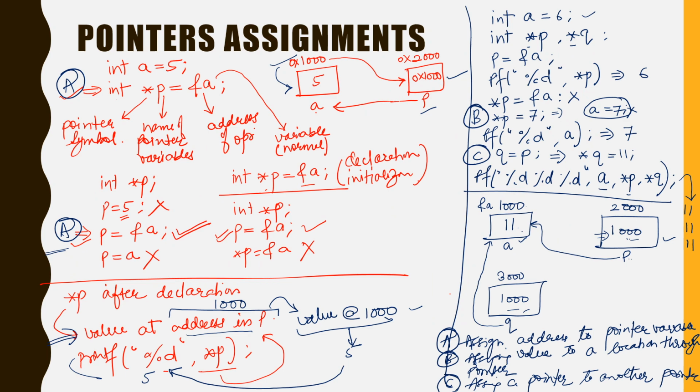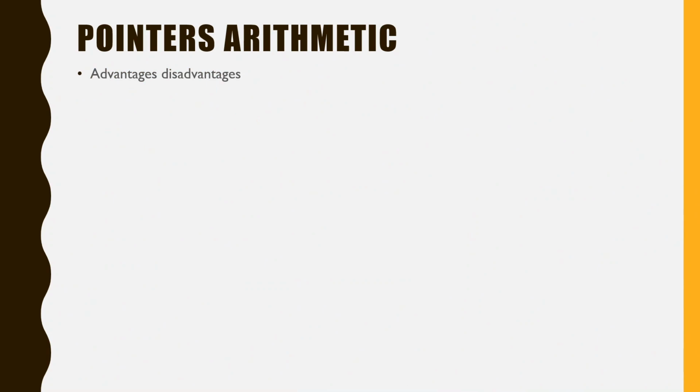Then we saw how to assign various values or addresses to the pointers, how to assign values at the locations directly without using the actual variable through pointers, and then assigning the value of another pointer to a pointer, right? And in this particular video we will see how to perform arithmetic on pointers.